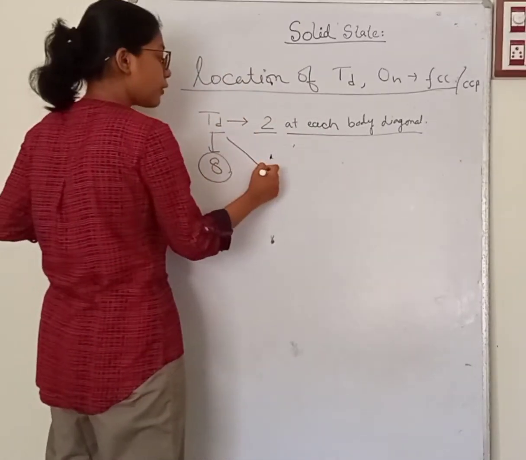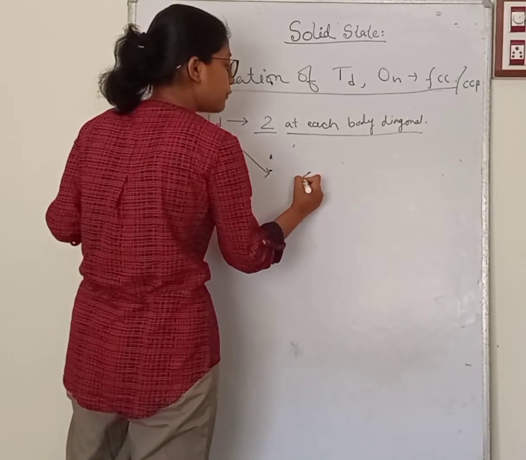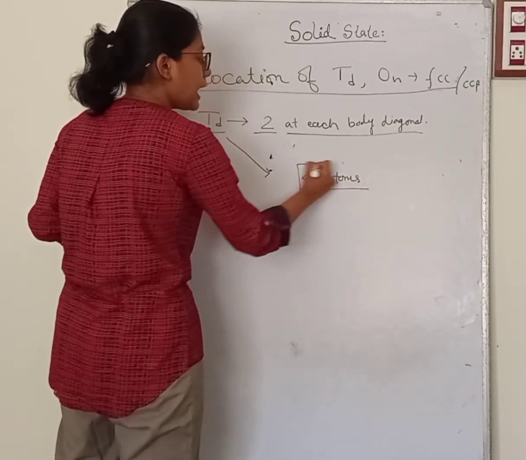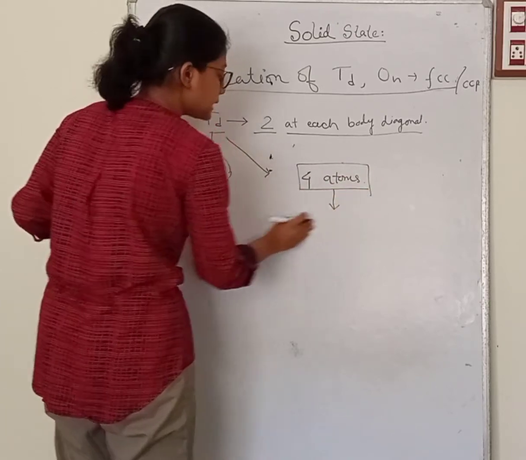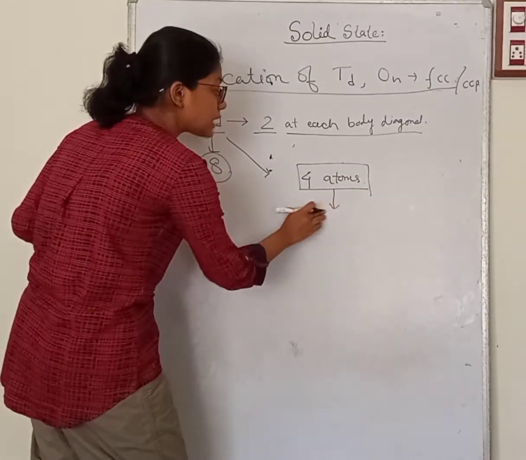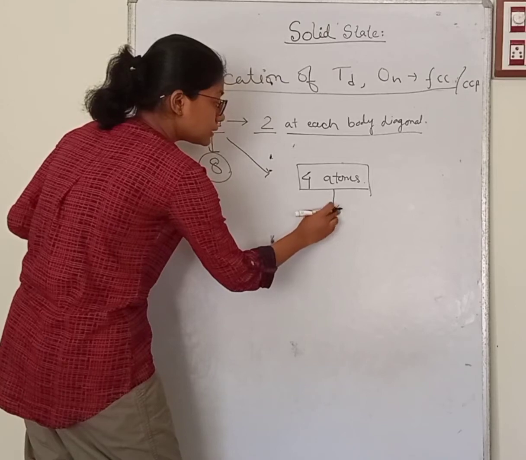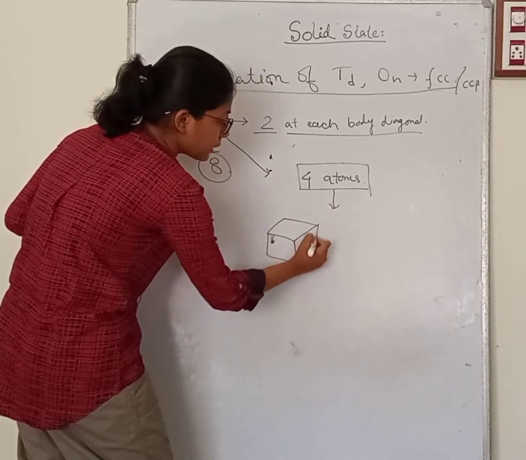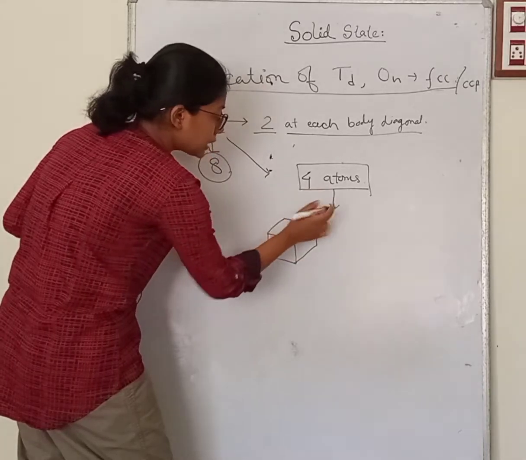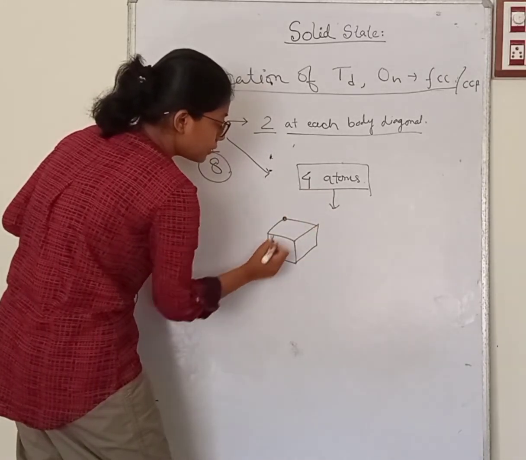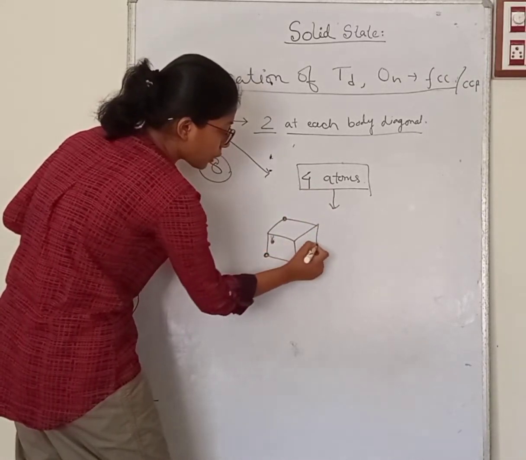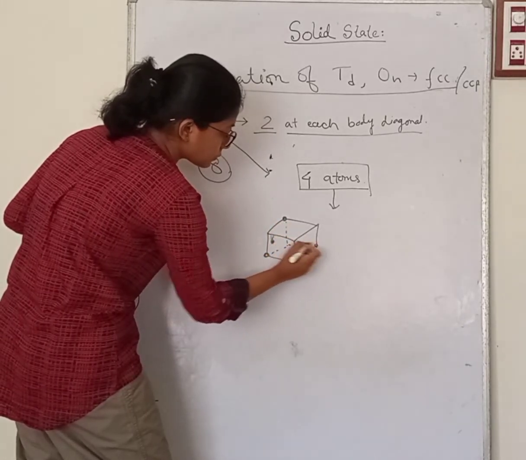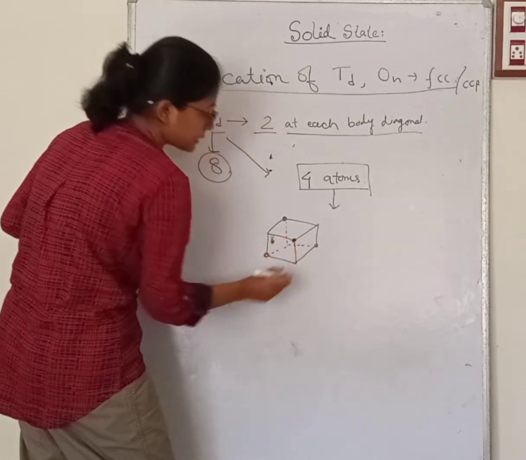And tetrahedral voids are formed by 4 atoms. If we draw one cube, then the tetrahedral shape will be when these 4 atoms occupy alternate corners.